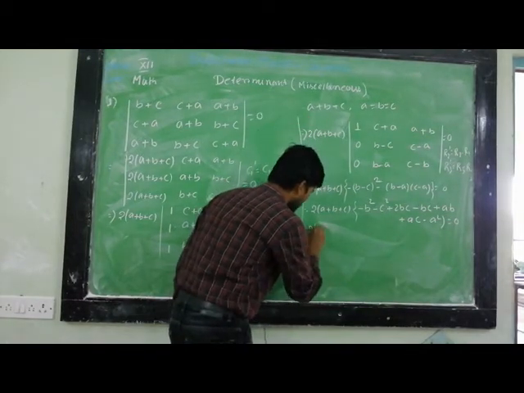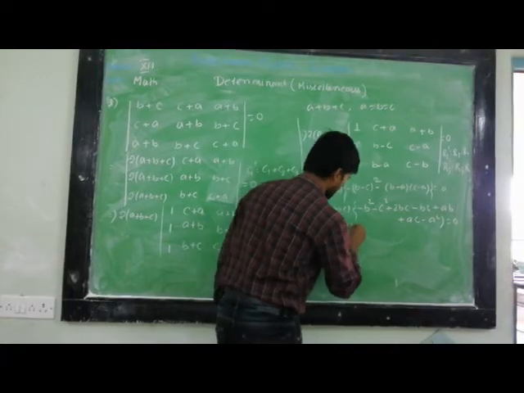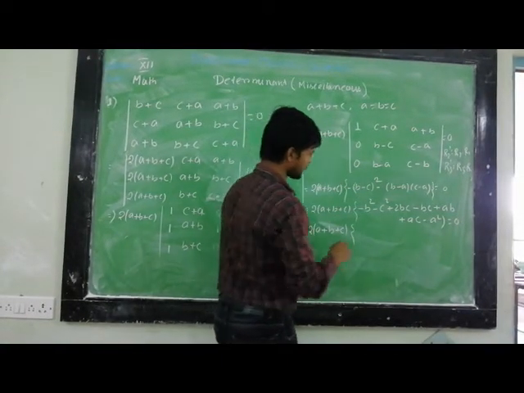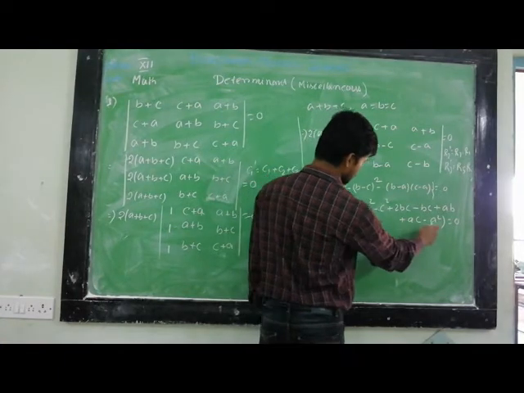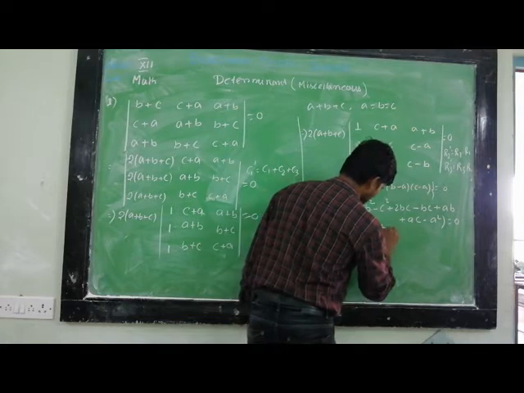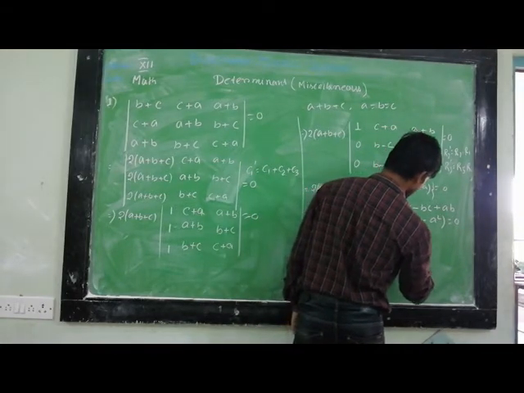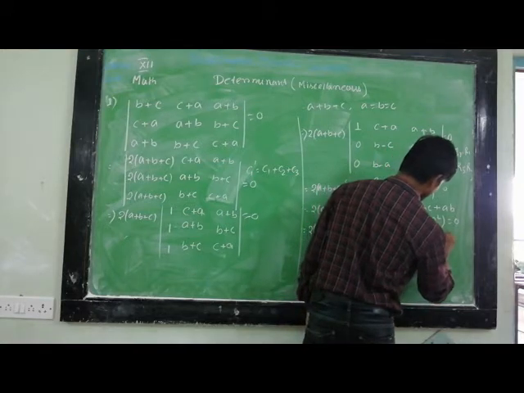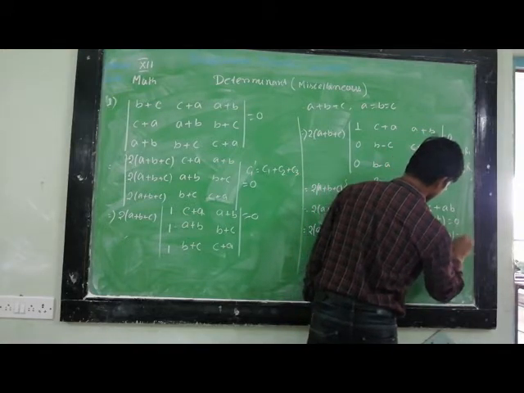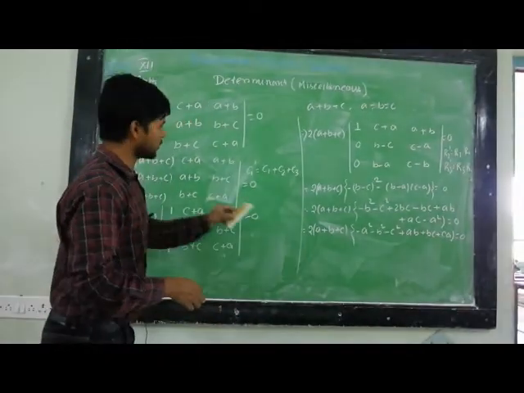That means 2 into (A plus B plus C) into, minus A square minus B square minus C square plus AB plus BC plus CA equal to 0.